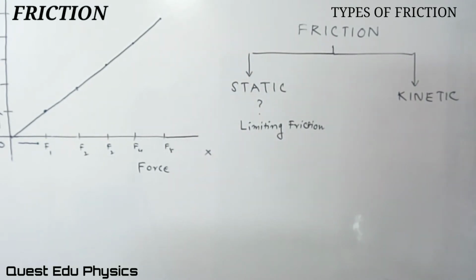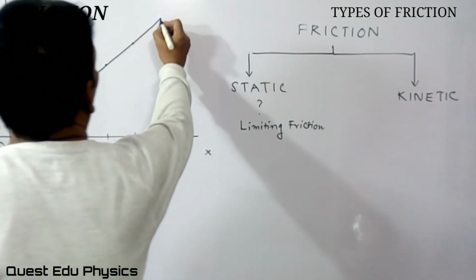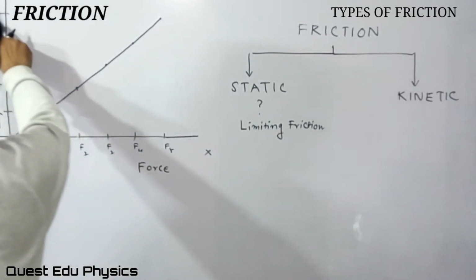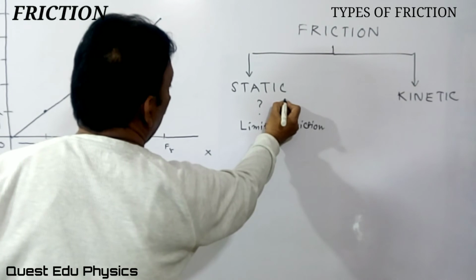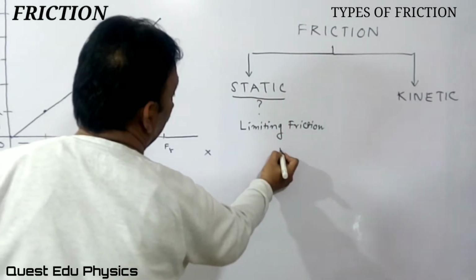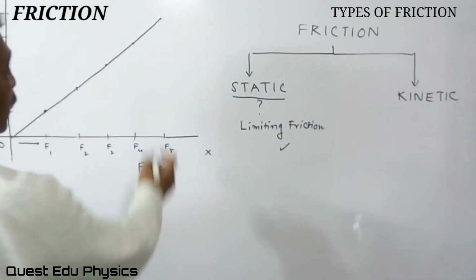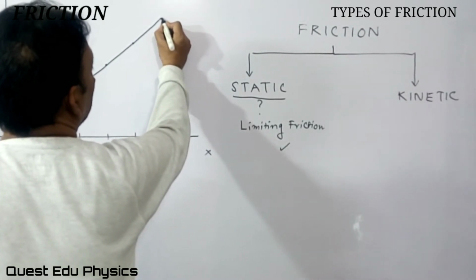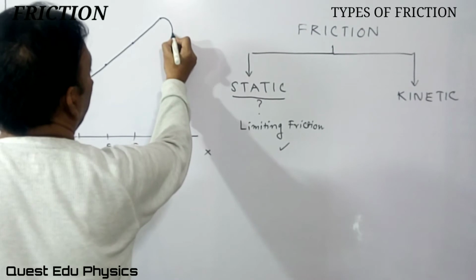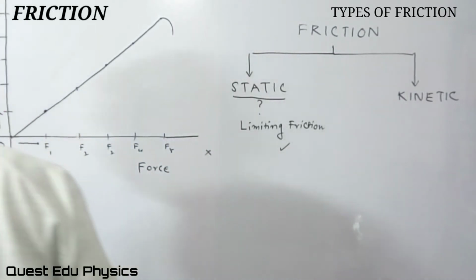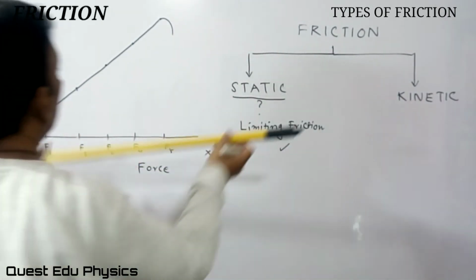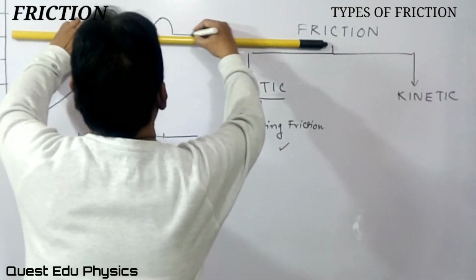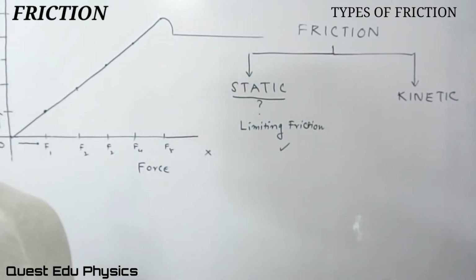Okay, students, after reaching a particular point, what did happen? The frictional force reaches a maximum value of the static friction, and we call it the limiting friction. Then its opposing capacity breaks down. The body begins to move. If we represent this, it can be shown in this way.